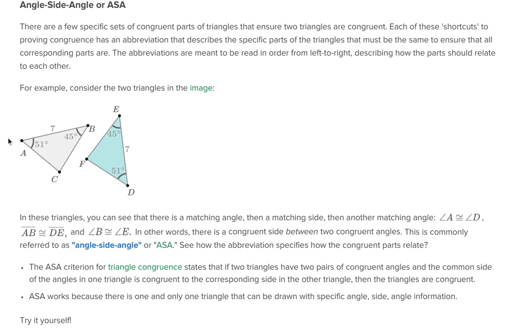Even though these triangles aren't sitting right next to each other, and one has been rotated slightly, you can still see that these two triangles are congruent. So the angle-side-angle postulate will tell you that you can prove those triangles are congruent just by comparing their corresponding angles.